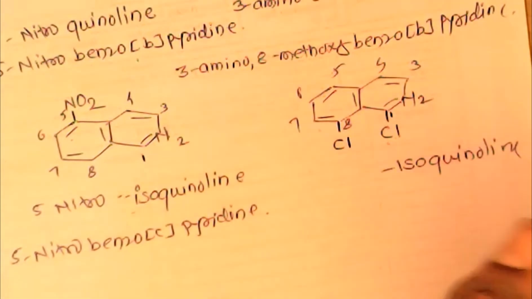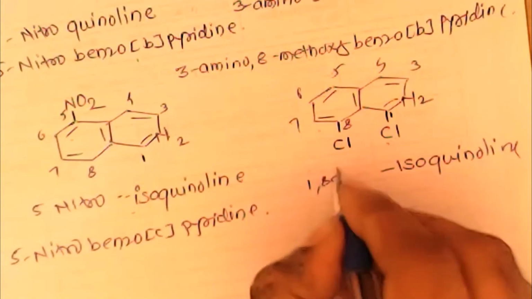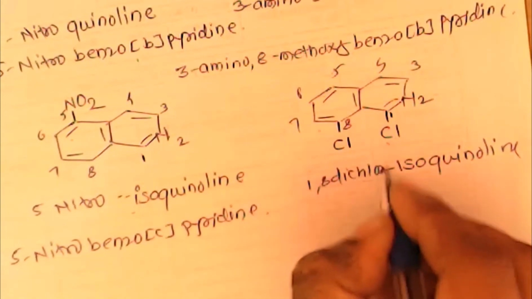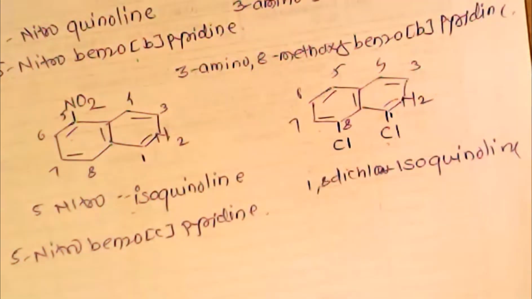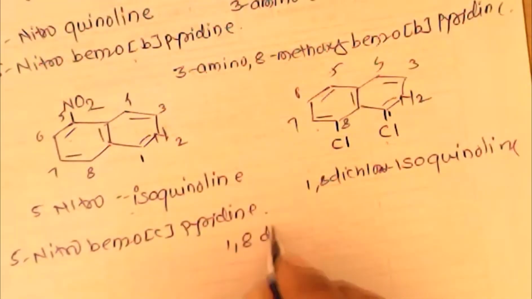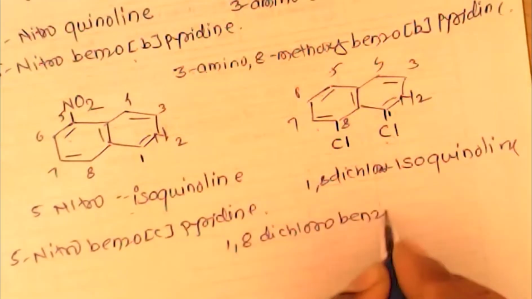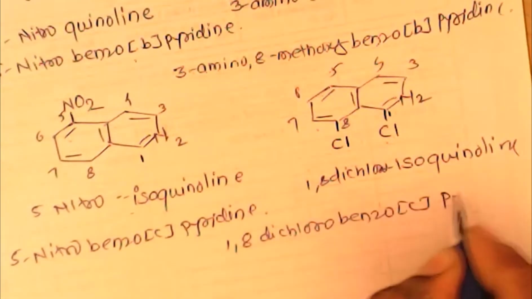So the name of this compound is 1,8-dichloro isoquinoline or 1,8-dichloro benzo C pyridine.